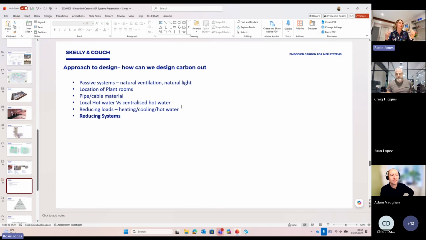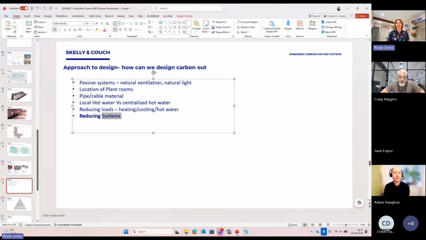As soon as you start reducing your heat loads, with lots of insulation, good air tightness, and good thermal bridging, you're reducing the peak load of that building and thus reducing the plant that you need to install. So again, just get rid of your systems, reduce the peak load of those systems, share those systems, and you've already gone a long way to designing the carbon out.